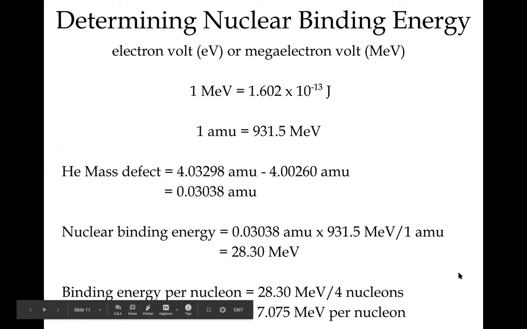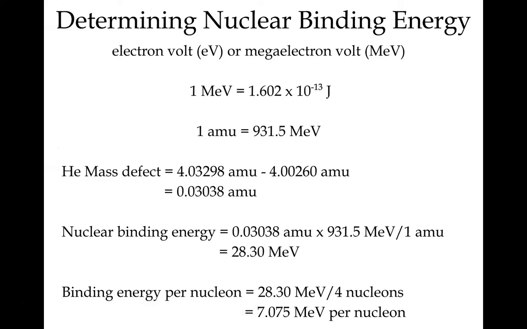Now, we typically report energies in joules, but nuclear physicists often use electron volts or mega electron volts. And 1 mega electron volt is equal to 1.602 times 10 to the negative 13 joules. So there's one conversion factor.